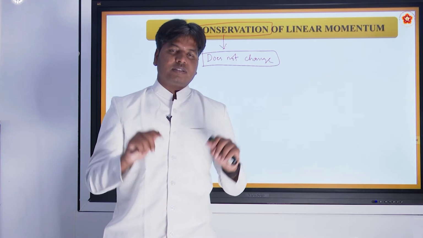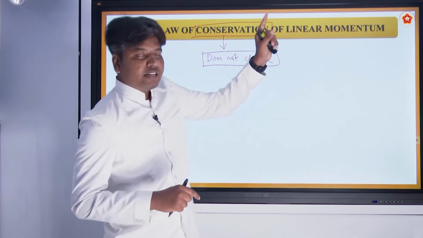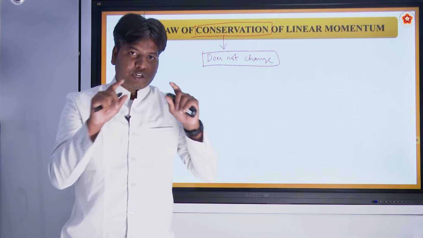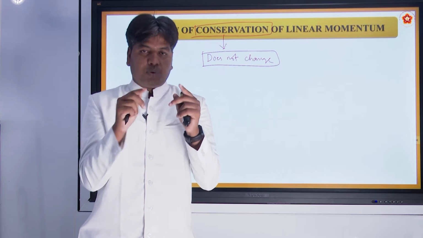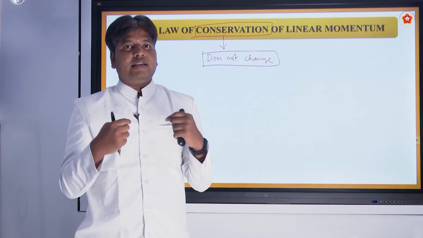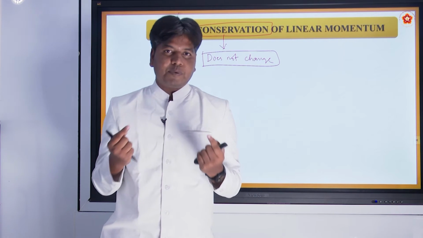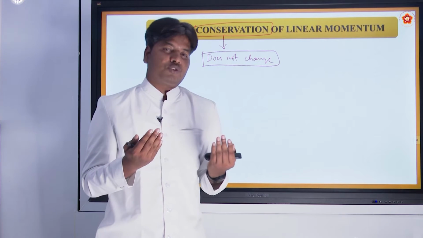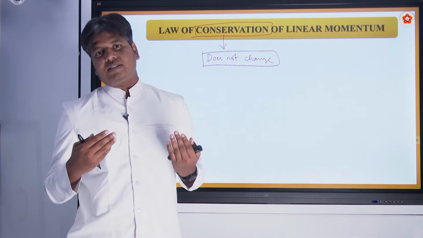Now we are concerned about conservation of linear momentum, which means momentum should not change. We are talking about the momentum of the system. There may be many bodies inside the system, but we are only concerned about the whole system. If momentum of the system should not change, that means the velocity of the system should not change. When can the velocity of the system not change?